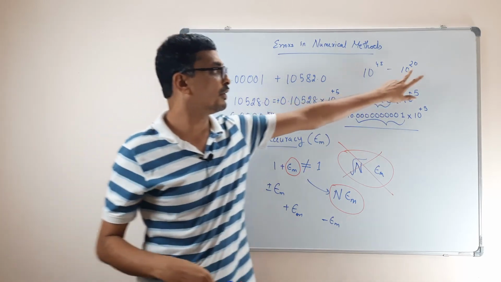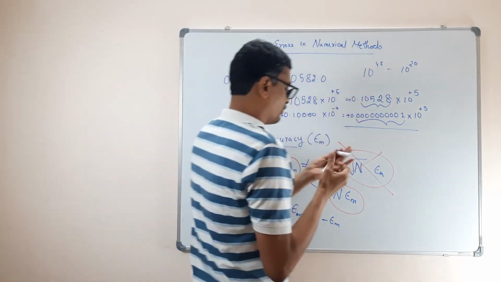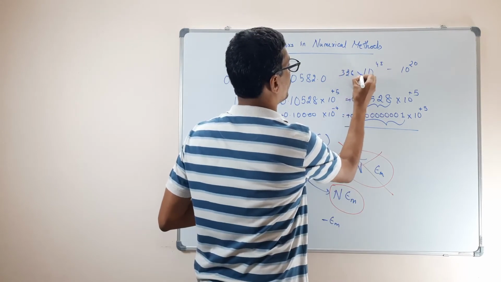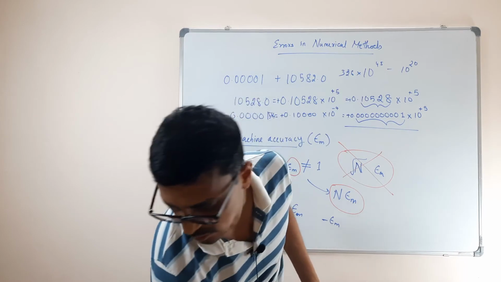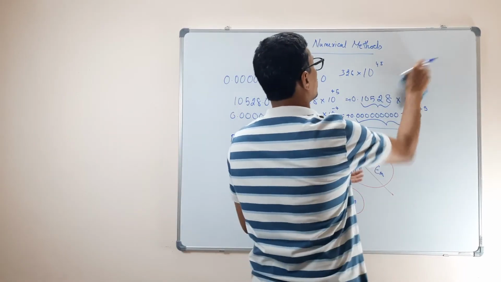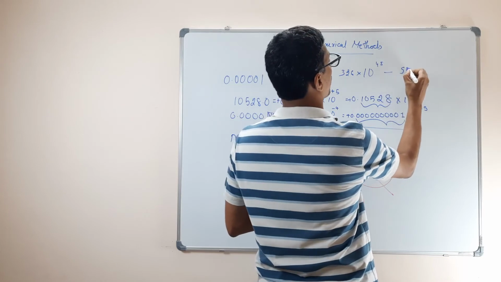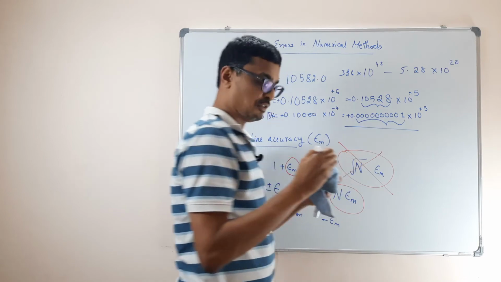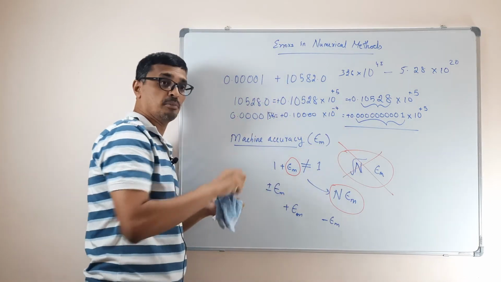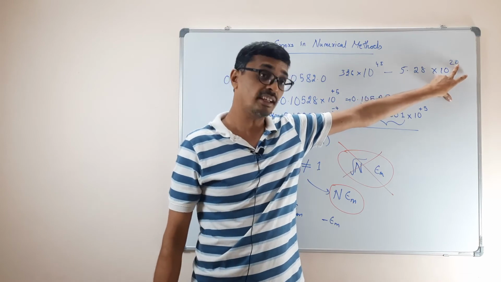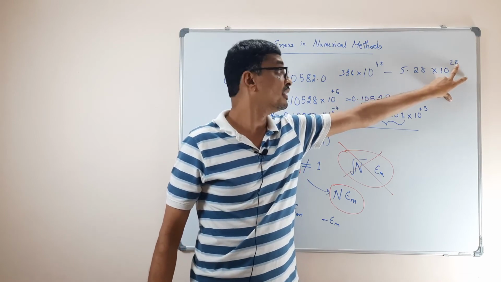I should have written the numbers: 3.26 times 10 to the power of 45 minus 5.28 times 10 to the power of 20. Suppose I am subtracting these two numbers. Now the exponents have to be made the same, correct?